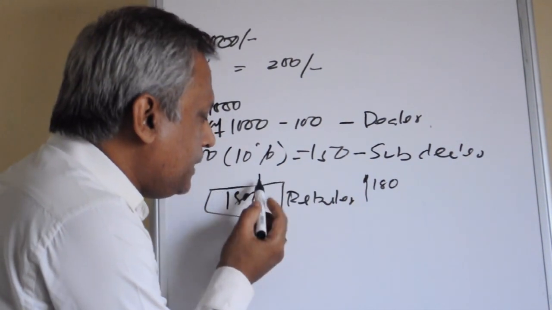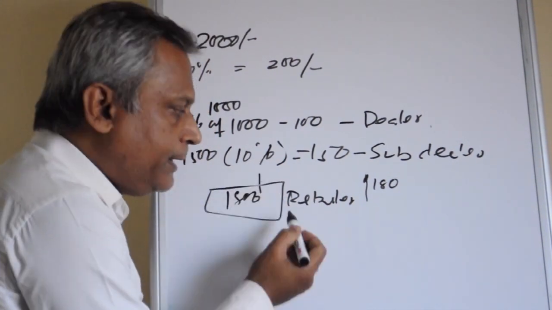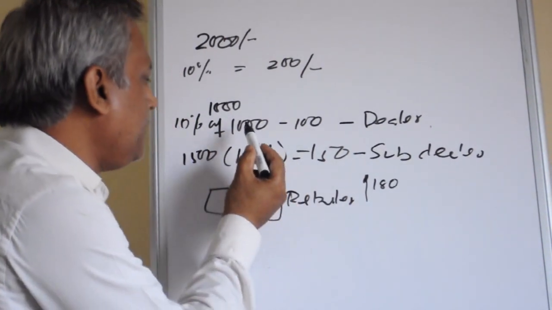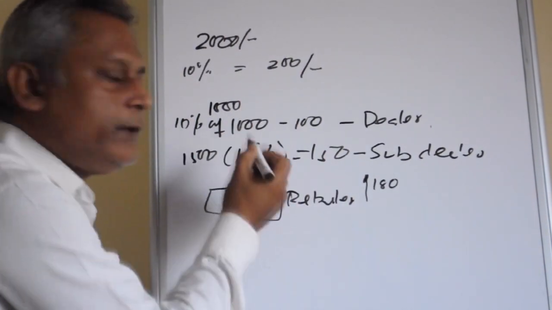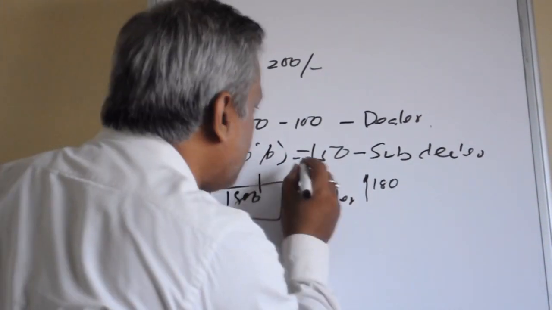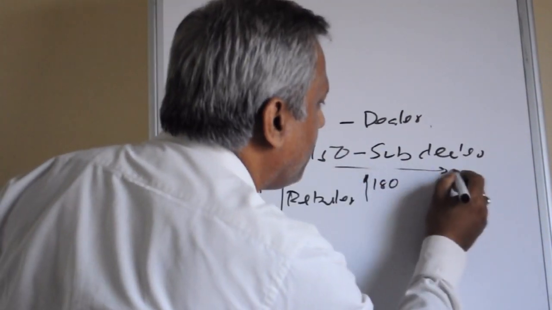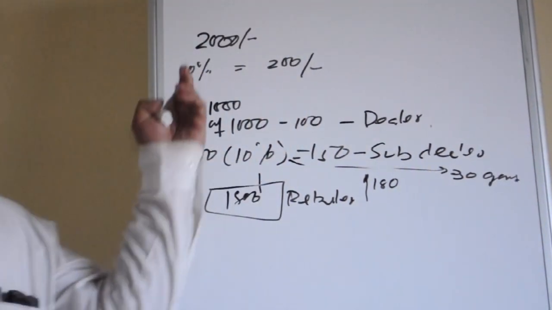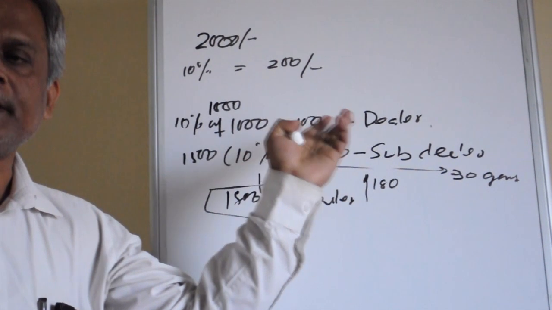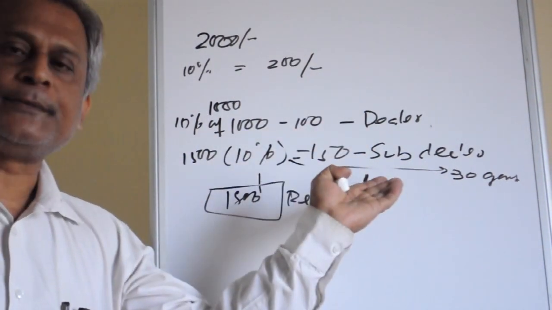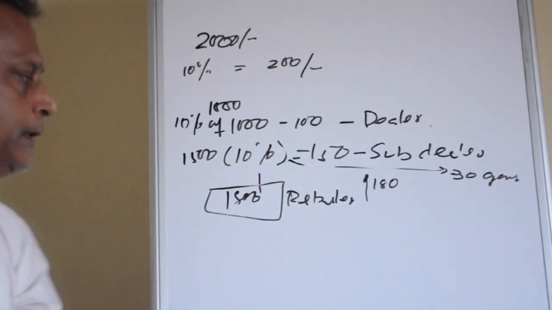Now the sub dealer will collect 180 rupees from the dealer, but he has paid 150 rupees to the dealer. So he will only pay 30 rupees to the government. So how much has the government got? 100 rupees from the manufacturer, 50 rupees from the dealer, and now 30 rupees from the sub dealer. That is 180 rupees.